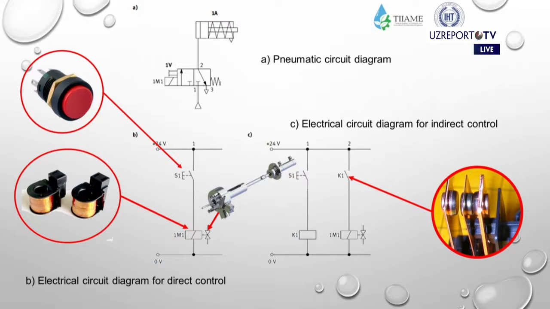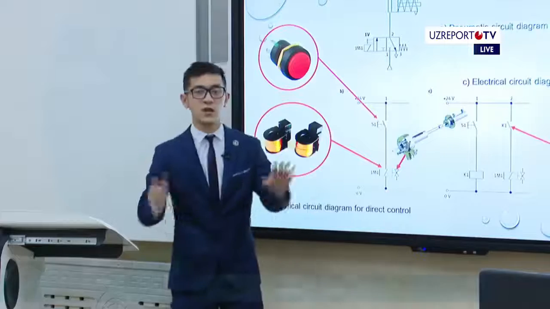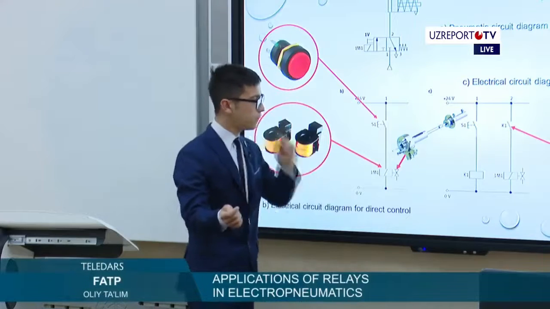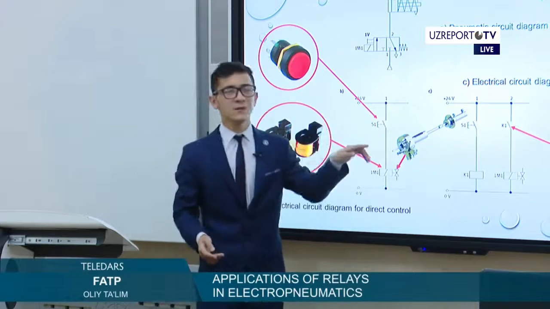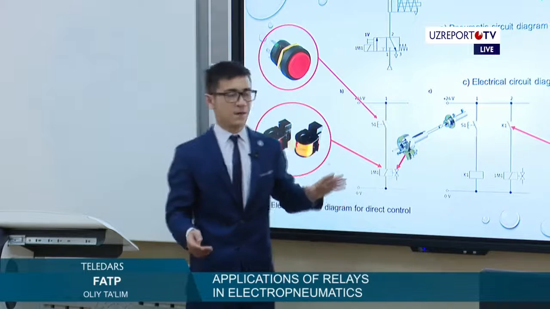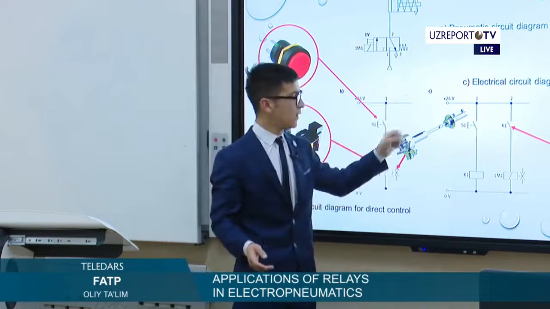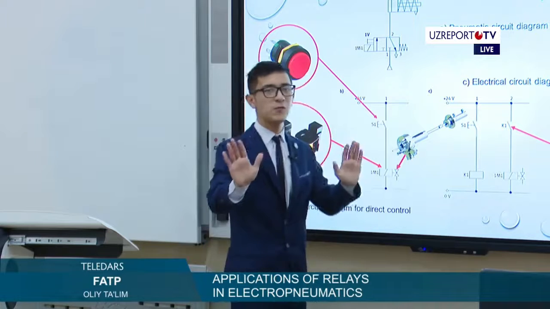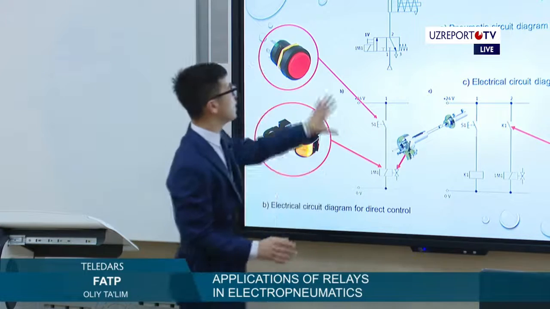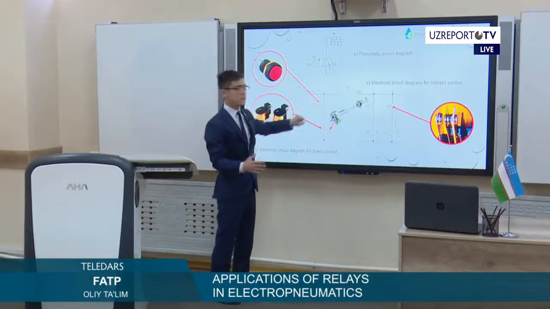Generally, these two processes are the same, but we have one difference. In C, you can use a lot of different voltage values, not only 24. For example, in a classic relay coil which we use here, you can use from 24 up to 230. And it is useful for high voltage units. If you work with low voltage, you can use a direct connection system.